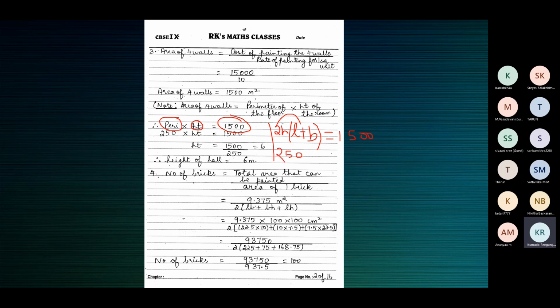So 250 into H is equal to 1,500. How do we get perimeter? 2 into L plus B is perimeter, into height.